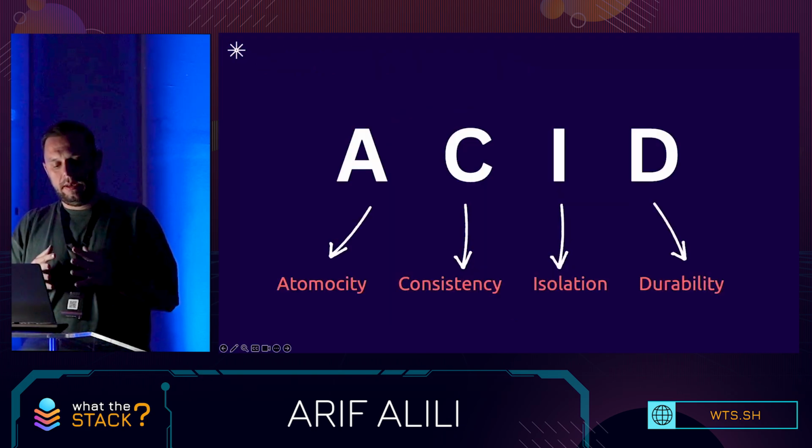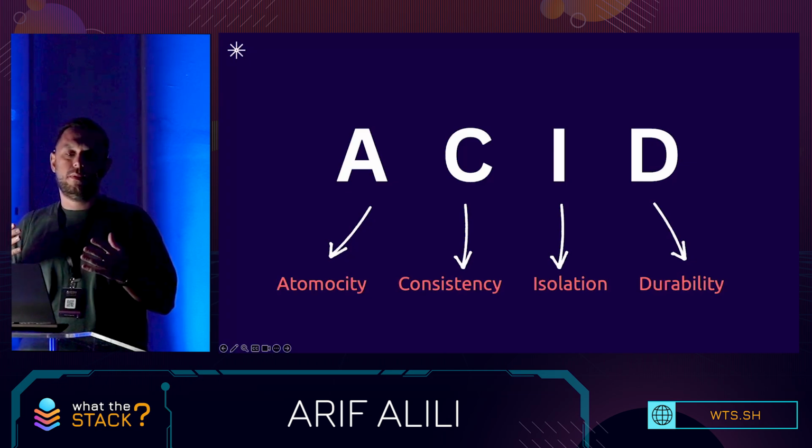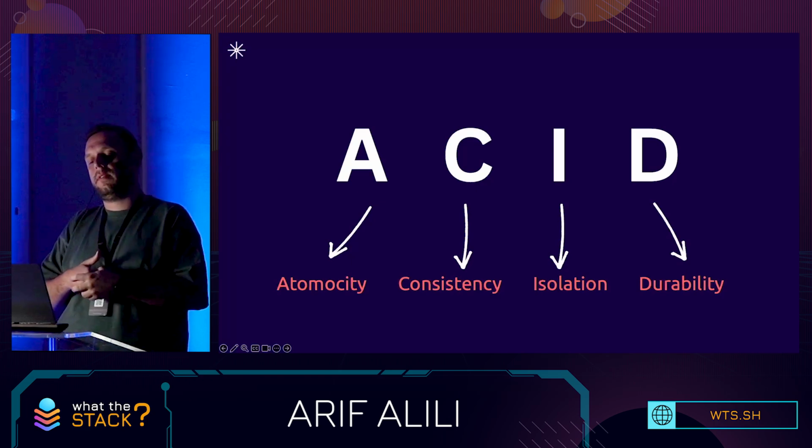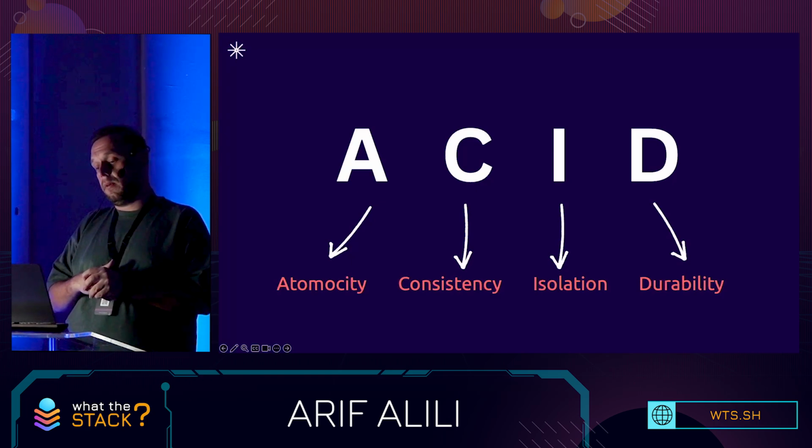everything in the monolithic world, or in one application, when there is one database, is ACID transactions, right? So all properties of ACID transactions are satisfied, and we are happy with it.